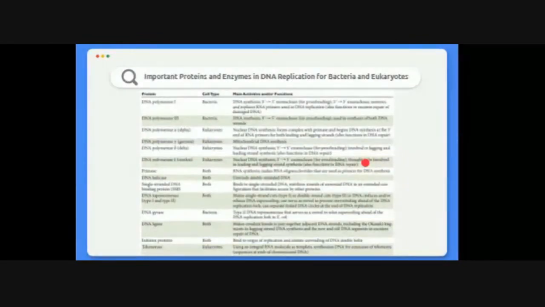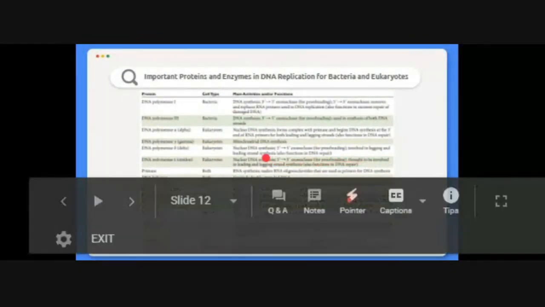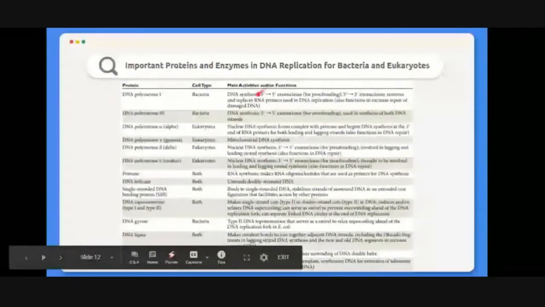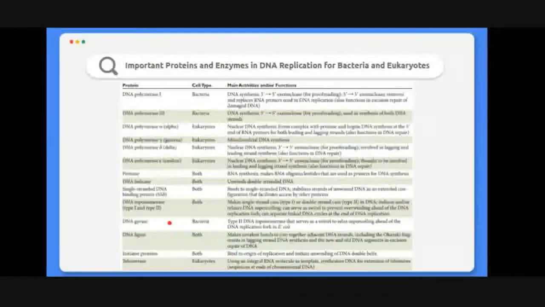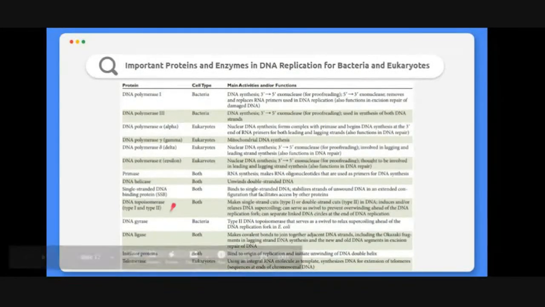So, for example dito, tingnan natin. Example lang, aaralin naman natin ito. For example, in bacteria, you have DNA gyrase. And the counterpart of DNA gyrase in eukaryotes is topoisomerase. And what it does is that it just unwinds your DNA. So, parang inaalis niya yung pilipit. Malalaman natin bakit mamaya. So, yun.